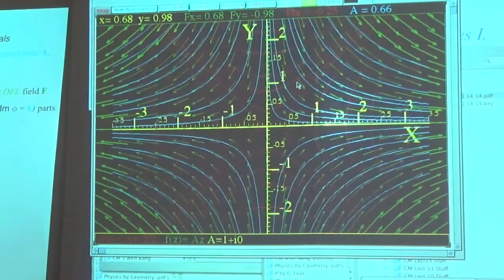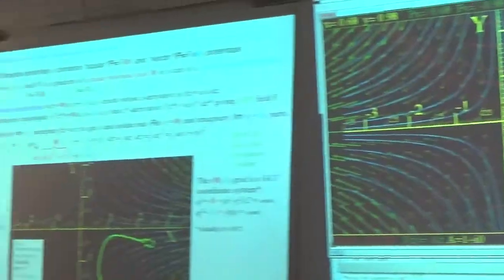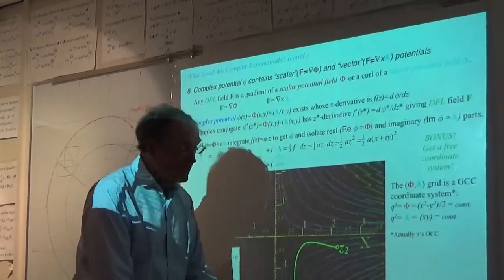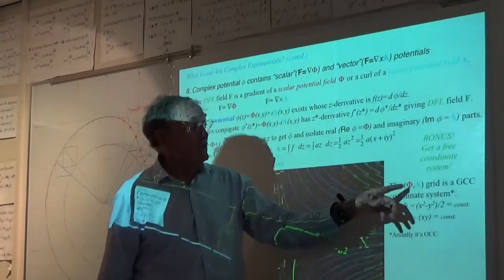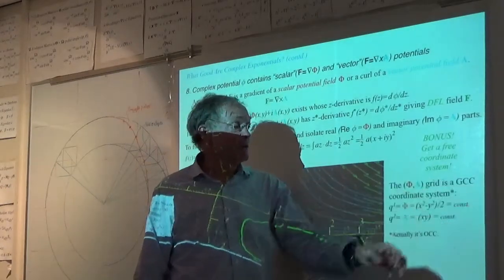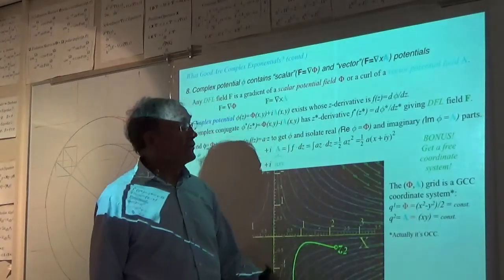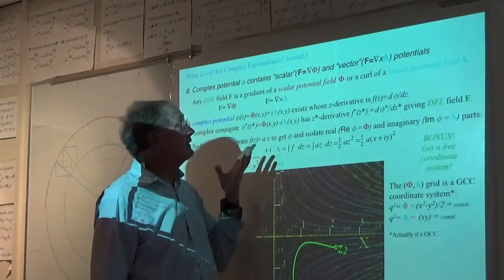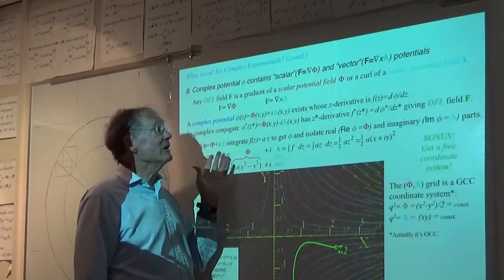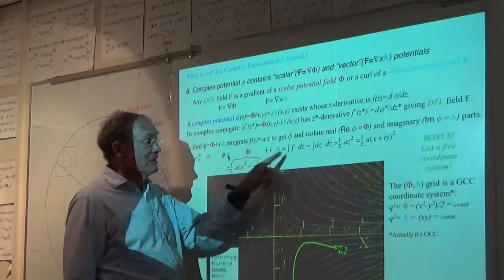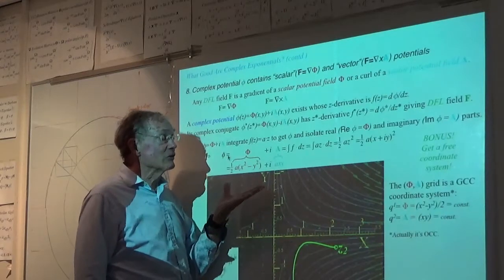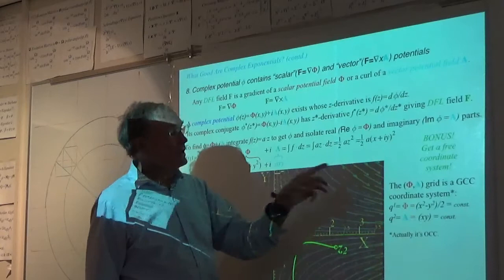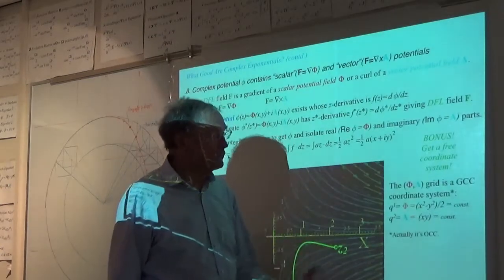Okay, let's see if there are a couple more things I can say about this. This is really important for our mechanics course, because we're going into the study of generalized curvilinear coordinates. And this is the bonus of this method: once you've defined this f of z and its integral, which is just the plain calculus one-dimensional integral of that function, you get a free coordinate system that's curvilinear.